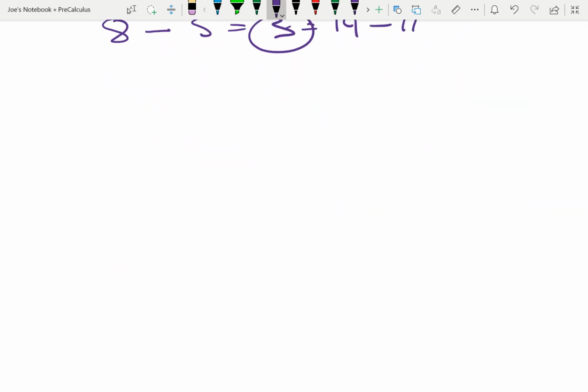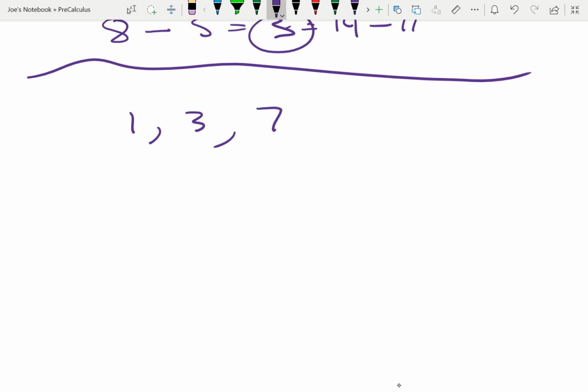So in arithmetic, you have to determine, you will have to look at a list of numbers. 1, 3, 7, 11, 15, 12, 9, 6. Which one of those is arithmetic? Well, let's see. 3 minus 1 is 2. 7 minus 3 is 4.